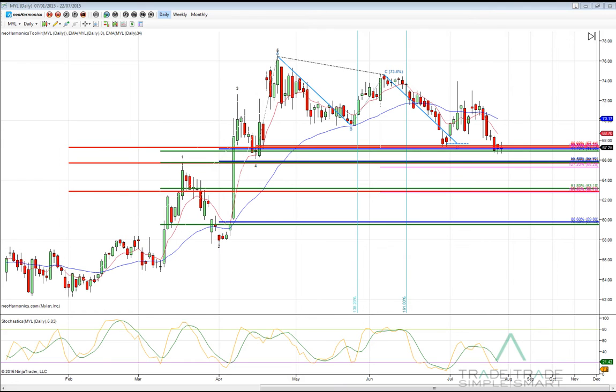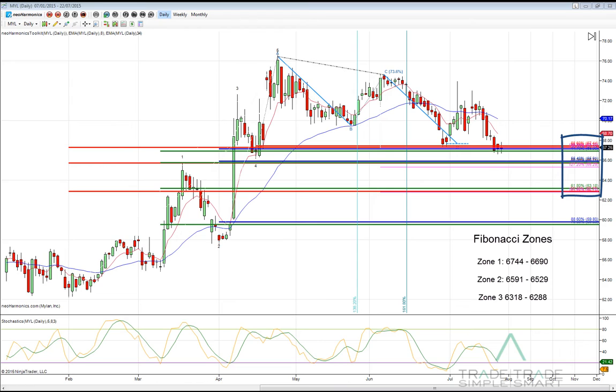In terms of our Fibonacci price zones, we have 3 main zones. The first is from 67.44 to 66.90, and this includes the 100% projection of the AB leg. We also have our second zone at 65.91 to 65.29, and our third zone at 63.18 to 62.88.